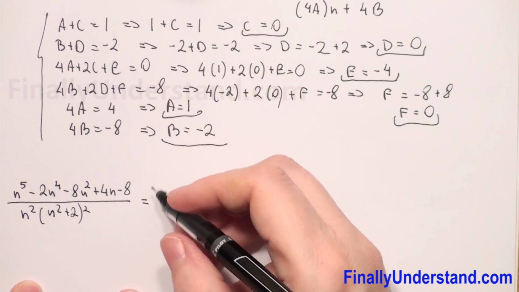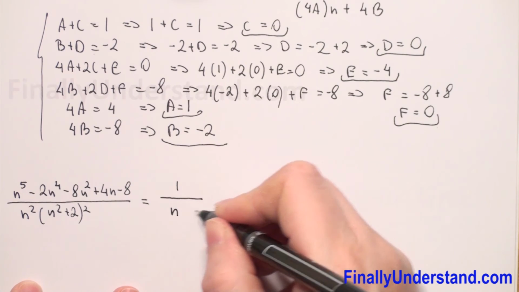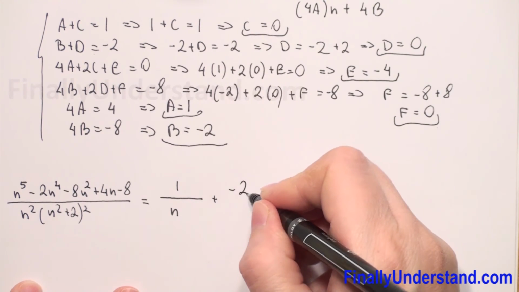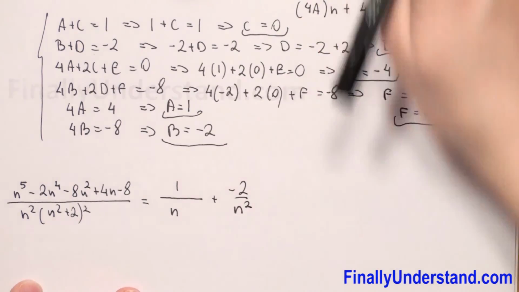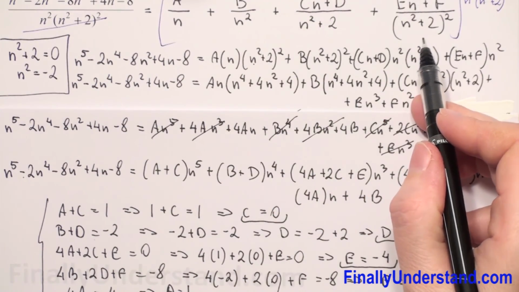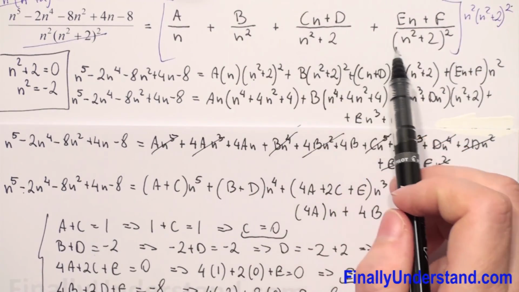So this is equal, a is 1, so we have 1 over n, plus b is negative 2 over n squared. Denominators we have to copy in our partial fractions.